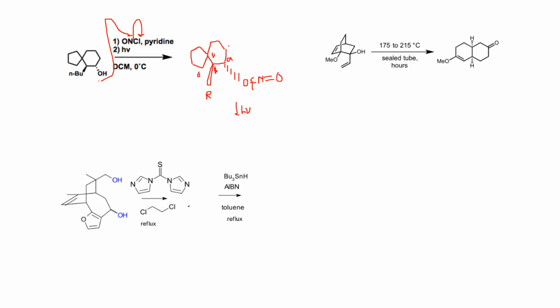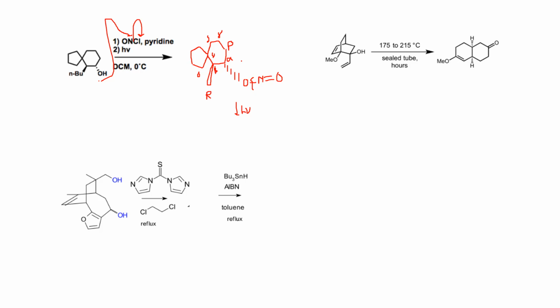Now if you want to abstract a proton from this side, from the same ring, there will be a huge strain, because to get that transition state, try to imagine this in 3D.